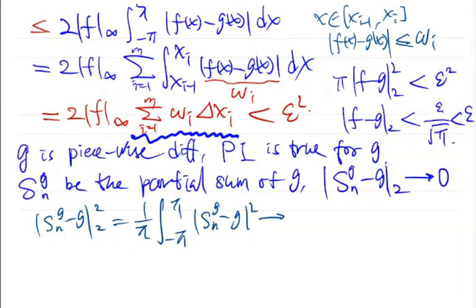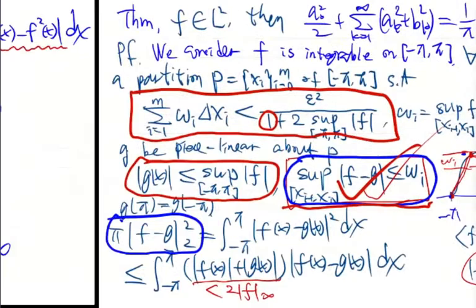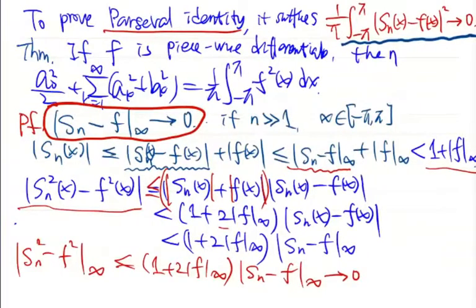So this going to 0 is equivalent to the Parseval identity. Why is this true? We have mentioned this before. The first line, the Parseval identity, under this S_n, is exactly the L2 norm of S_n − f.